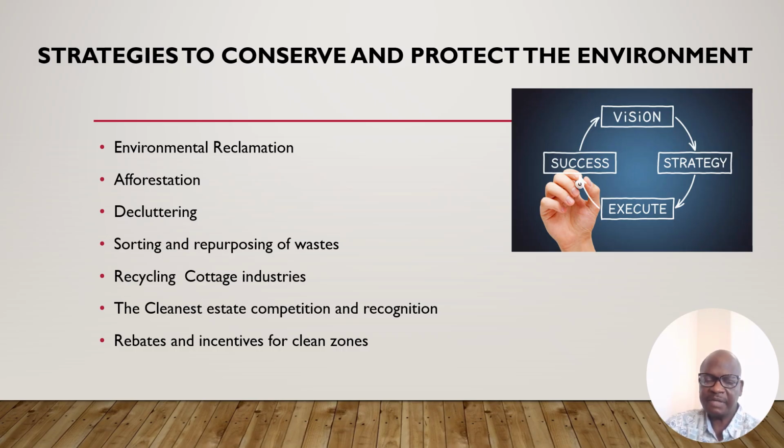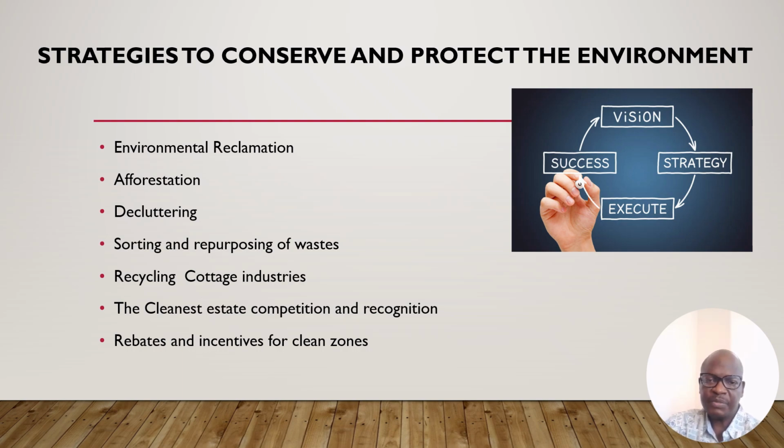Or alternatively, we can plant trees in quarries or in areas where deforestation has taken place. We can also declutter our environment, opening up pipes, cleaning up roads and everywhere.